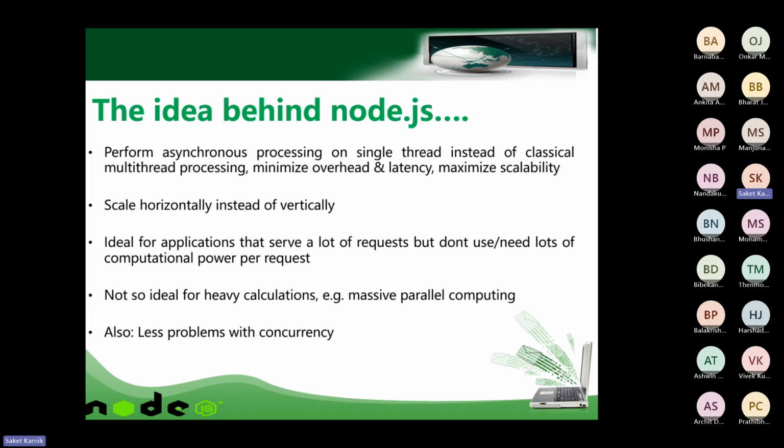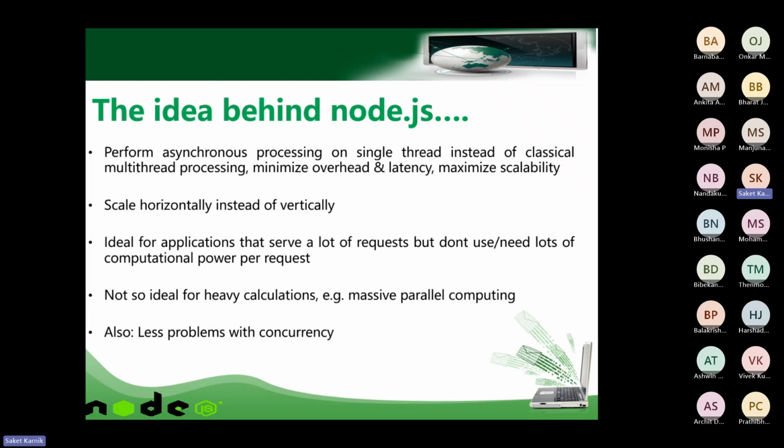But at the same time, if you have very complex logic running, which involves heavy calculations, massive parallel computing, lots of very complex decision making, probably using Node.js for such implementations is not a good idea.